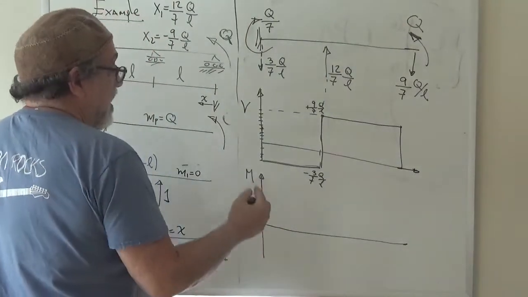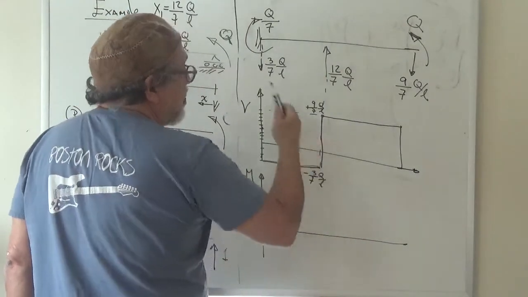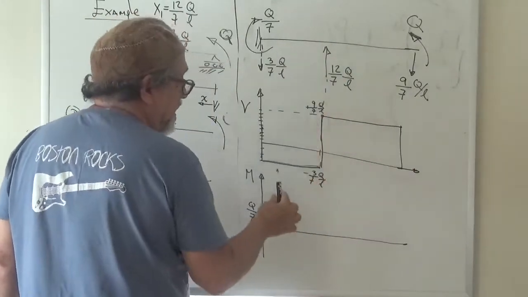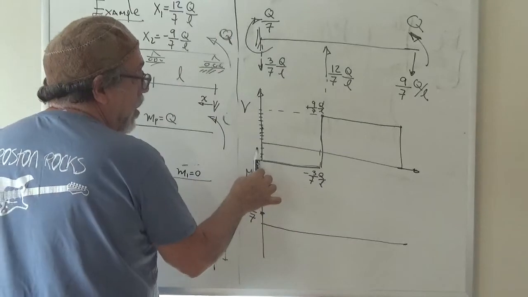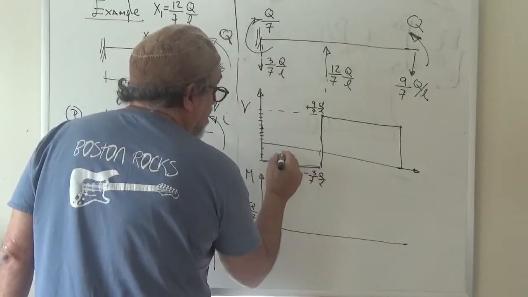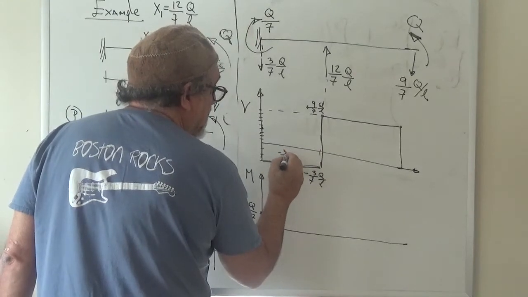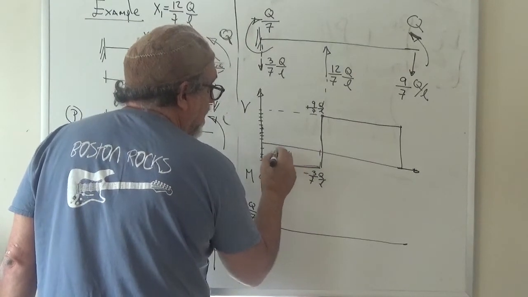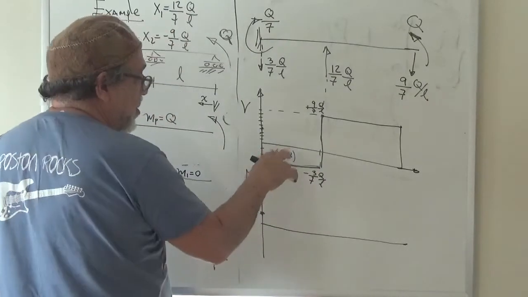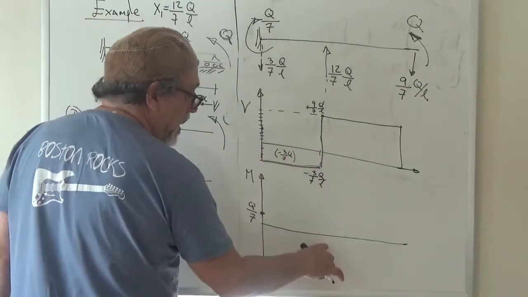Now, the area under the shear diagram, there's many ways to do this. I could do all kinds of things, but let me use the shear diagram. So the area under the shear diagram from here to here is -3/7 of Q, right? Because it's multiplied times L. That means that this is the change in the moment from here to here.